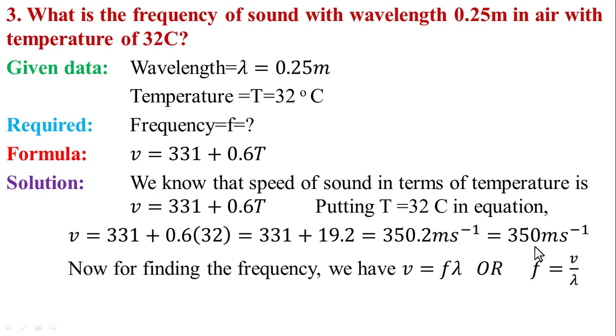Now we can find the frequency. We know that V is equal to F lambda, then frequency F is equal to V over lambda. Now F is equal to the value of V, 350, divided by wavelength lambda, 0.25.